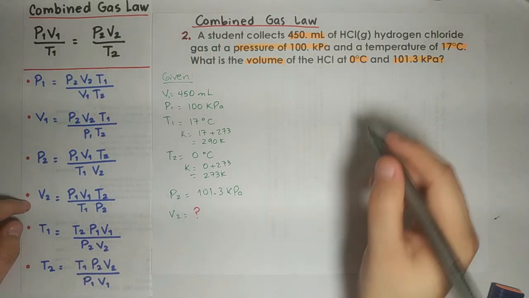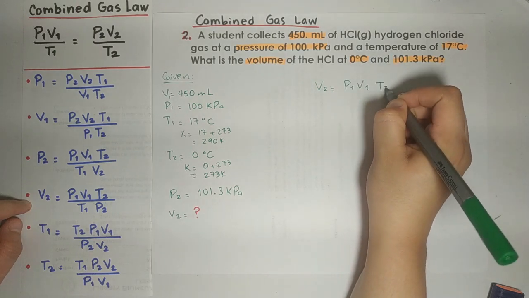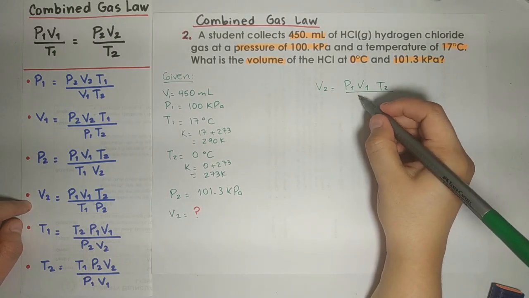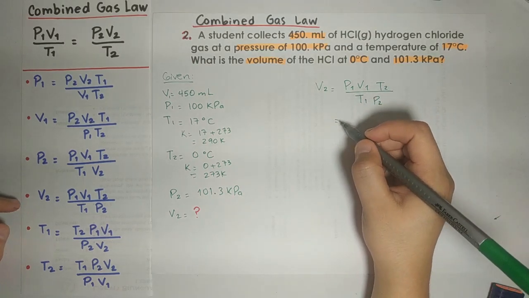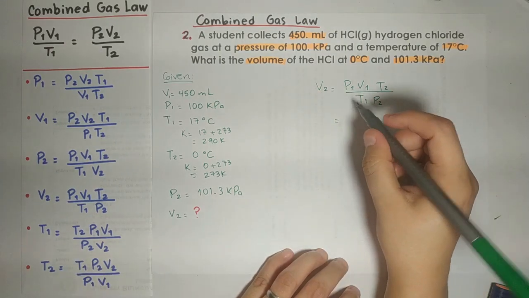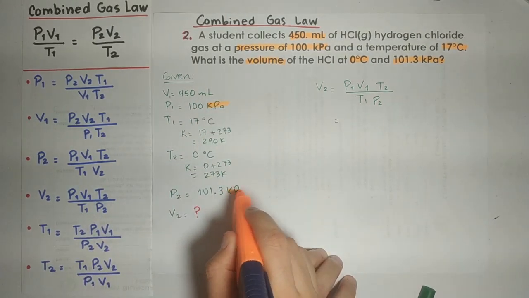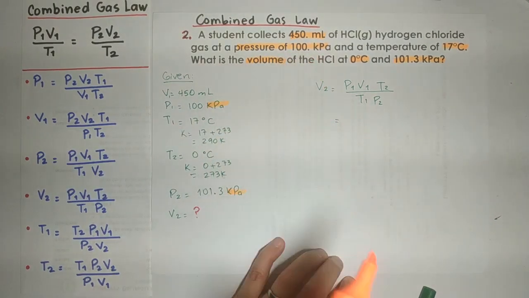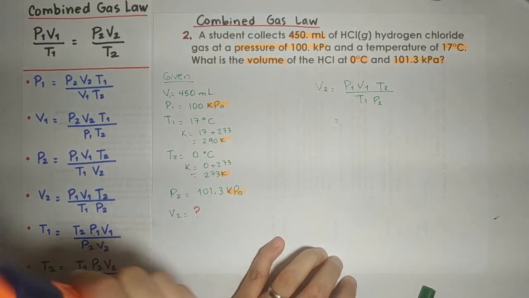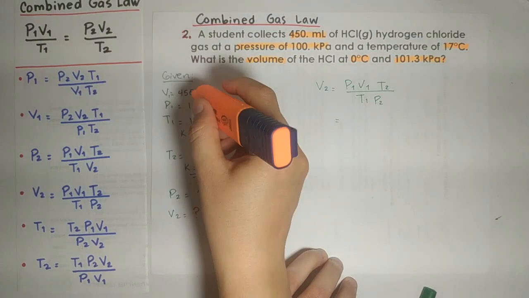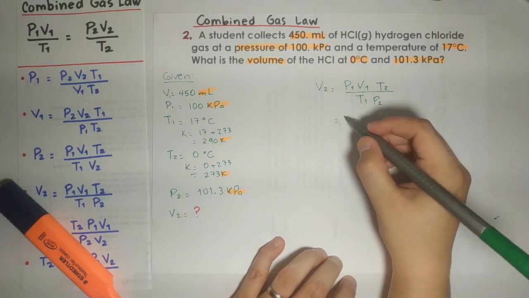Now, the formula for volume 2 is the same that we used before: pressure 1, volume 1, temperature 2, divided by temperature 1, pressure 2. Just plug in the givens, we have everything we need. And as I told you in the exercise before, just compare that the two pressures that you have are in the same units. Kilopascals and kilopascals, good. Temperatures, both in the same units, Kelvin and Kelvin, good. So my final unit will be the same volume units that I had before. This is milliliters.